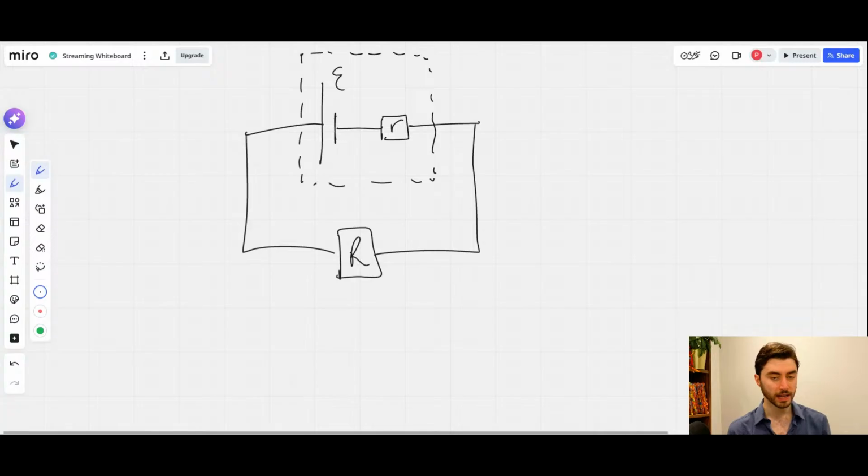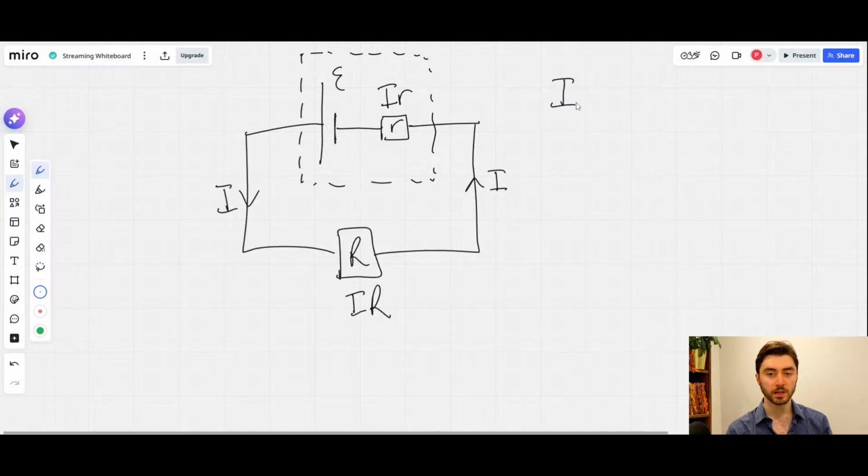And what we know is, again, in any closed loop, voltage gained is voltage lost. Because these are in series, there is the same current moving everywhere, which means that the voltage lost here is I times big R. The voltage lost here is I times little r.